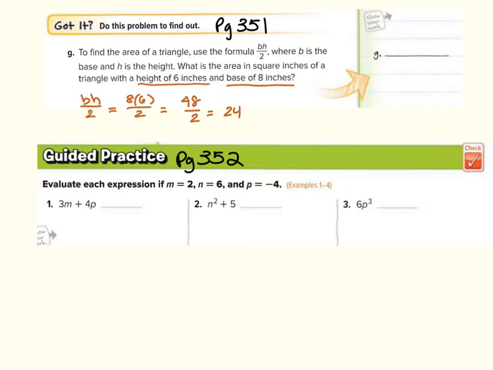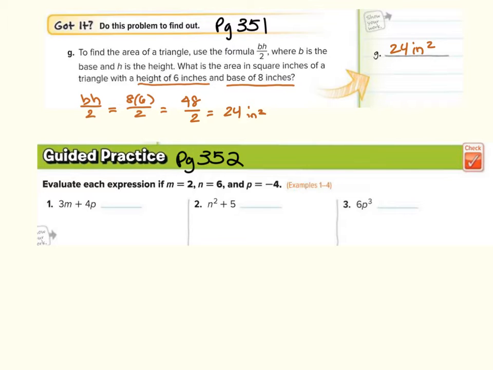So the question was, what is the area? So then the area is 24 inches squared. And I'll explain when we get into geometry why area has this little number 2 as the exponent. So 24 inches squared. Okay, go ahead and turn the page.